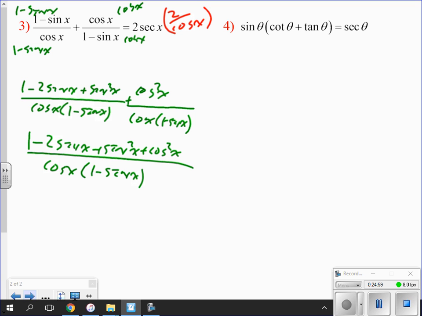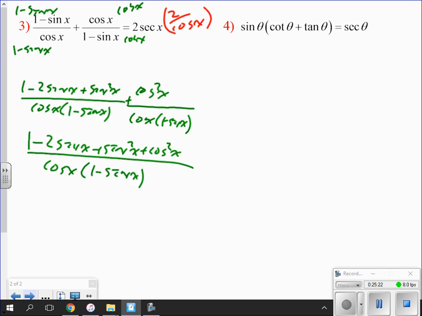Okay, somebody have an idea for my next step? I can't cross anything out yet because it's all added and subtracted. Sine squared. Yeah. Sine squared plus cosine squared is equal to what?